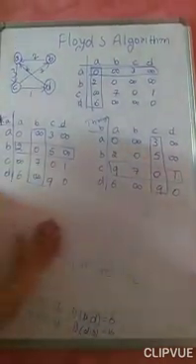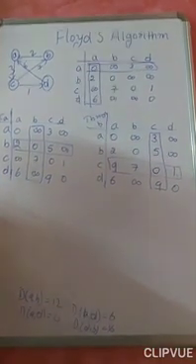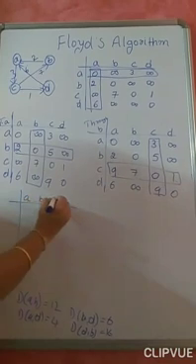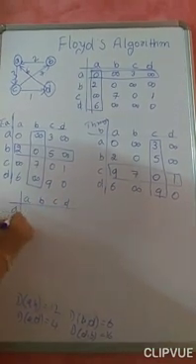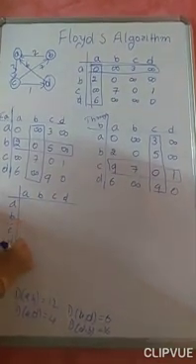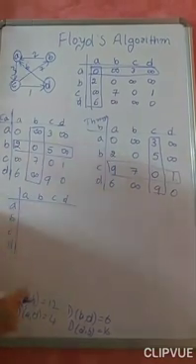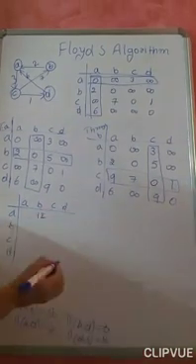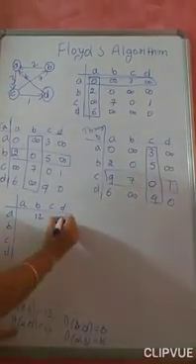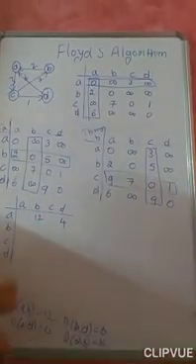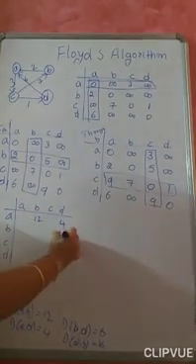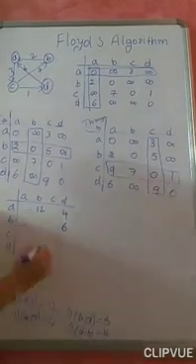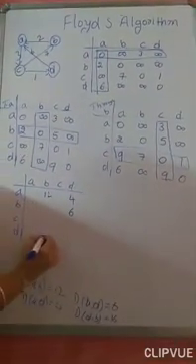Therefore, after this step, what you are getting here is the values. These are changed. A to B is 12. Then A to D is 4. B to D is equal to 6. D to B is equal to 16.